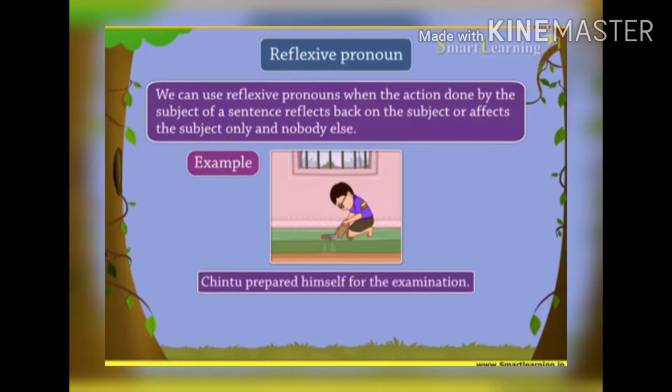In this example, the subject is Chintu and the action done by the subject is prepared. This action reflected back on or affected Chintu only and nobody else. So, we have used the reflexive pronoun himself.